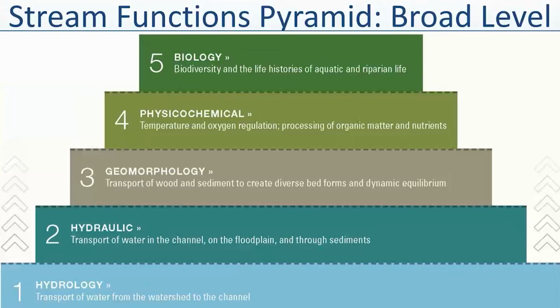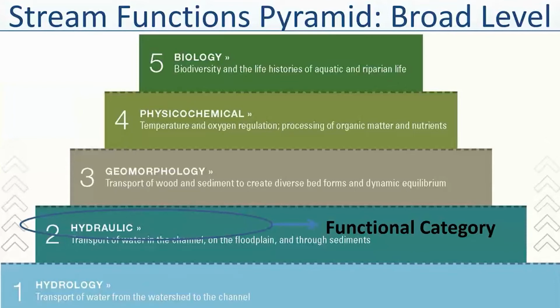So there are 5 functional categories to this pyramid. This phrase, functional category, try to put that to memory. There are 5. At the base of this pyramid is hydrology. Then we have hydraulics. Third is geomorphology. Fourth is physicochemical, with a C. And then fifth is biology.